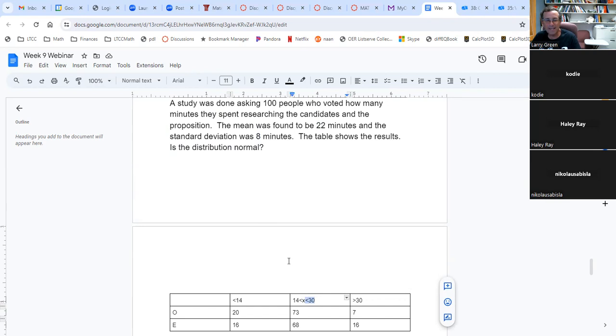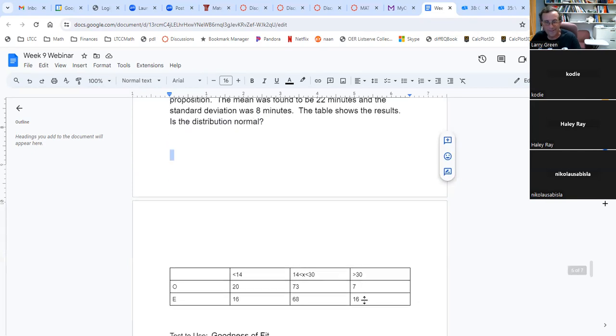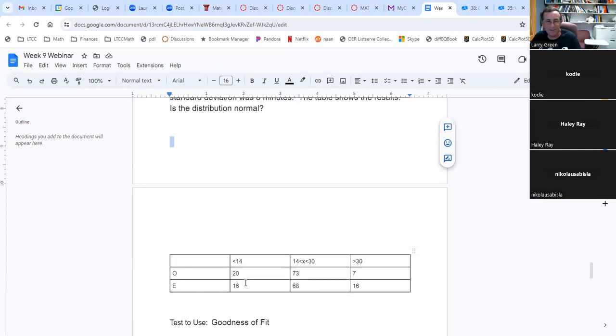So I'm going to cut the results into 3 pieces: less than 14, between 14 and 30, and greater than 30. And if I did that, you can just believe me or not, the results I got were 20 were fewer than 14, 73 were between 14 and 30 minutes, and 7 were more than 30 minutes.